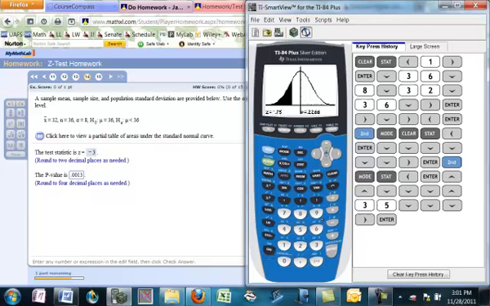Okay, and we get that. Okay, and so this should be a p-value here, is what you see here. Notice there's no alpha value on this one. It's just a p-value. Okay.